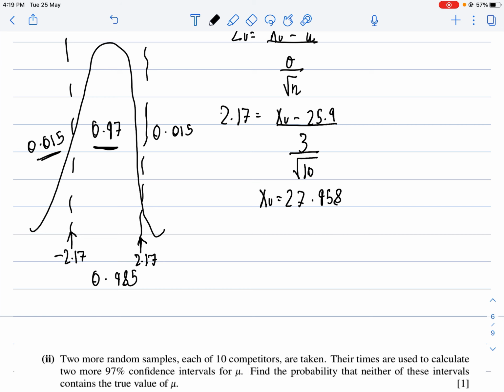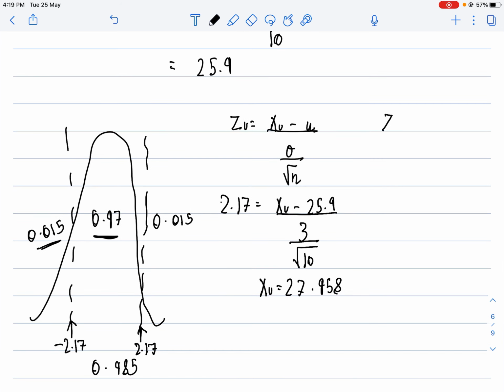27.958. And here I need the z lower value, which is equal to x lower minus the mean over the standard deviation over root n. I can write this as minus 2.17 equals, because I know they are symmetrical, x lower minus 25.9 over 3 over root 10.